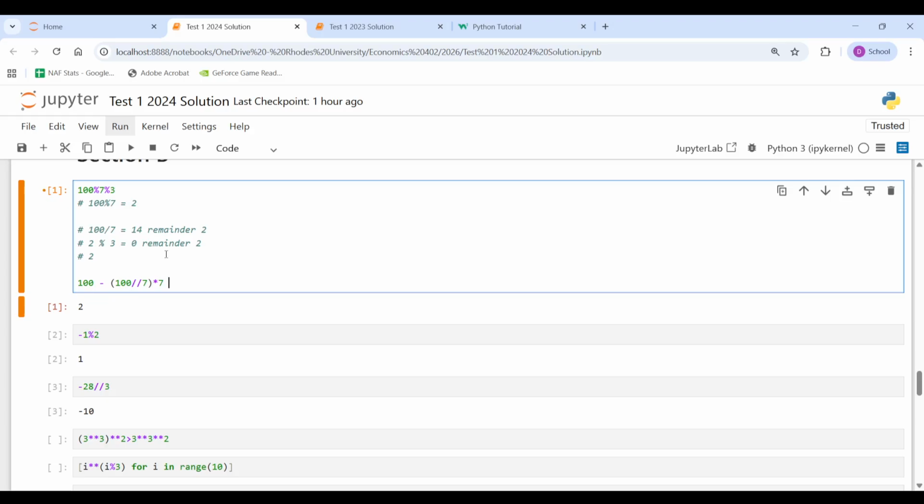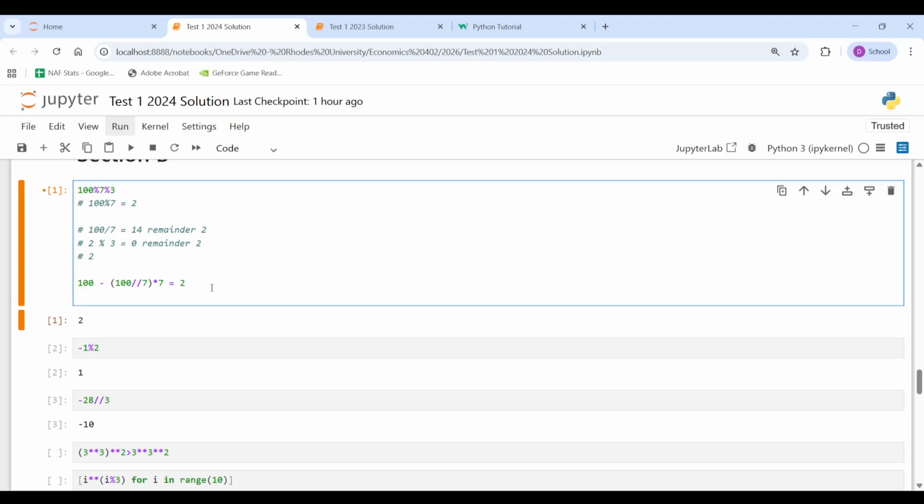Times 7, which gives us 2. So this will round it down to 14. 14 times 7 is 98. 100 minus 98 gives us 2. Similarly with 2 modulus 3, that is just equal to 2 minus 2 integer division 3 times 3 equals 2.